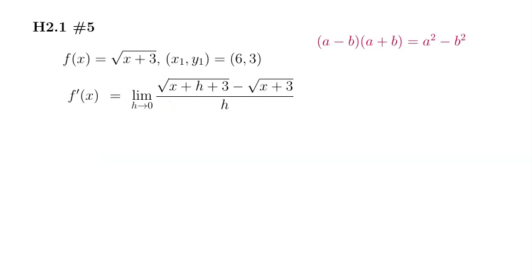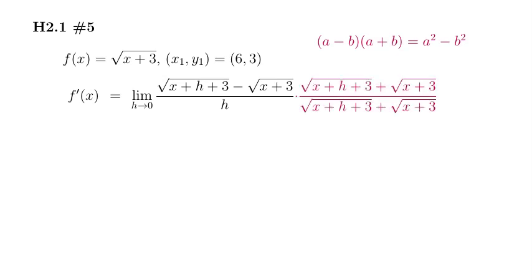Here's the trick. We're going to multiply top and bottom by almost the same thing as the numerator except for the sign: the square root of x plus h plus 3 plus the square root of x plus 3. You do exactly the same thing to the bottom so that you don't change the value of the limit.